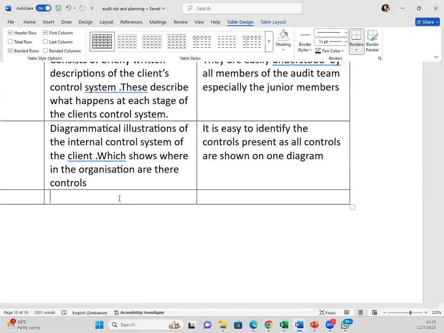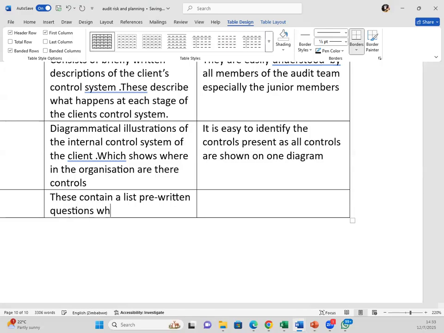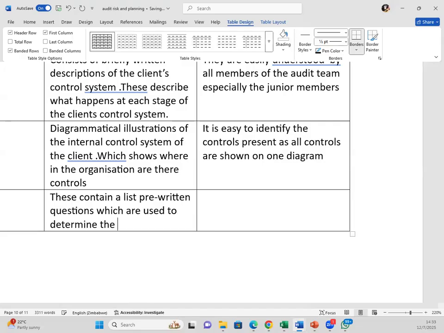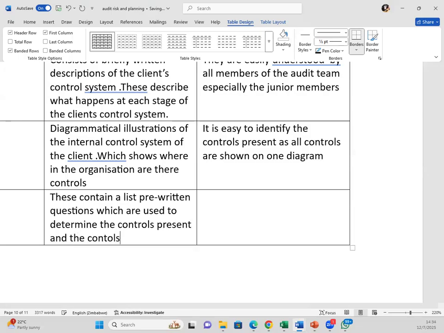Then we have the questionnaires. We said these contain a list of pre-written questions which are used to determine the controls present and the controls missing in the client system.